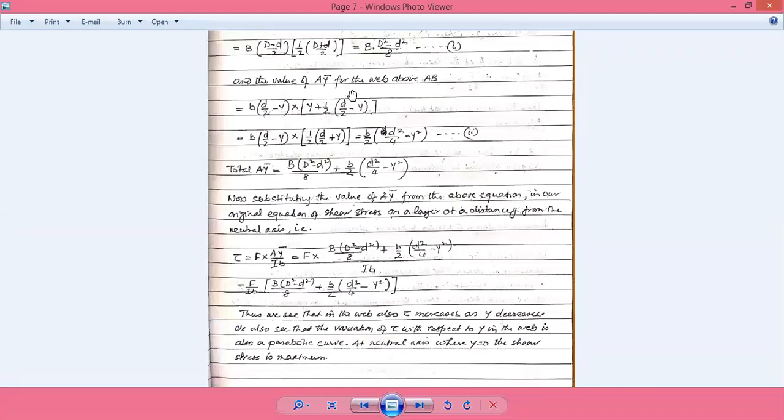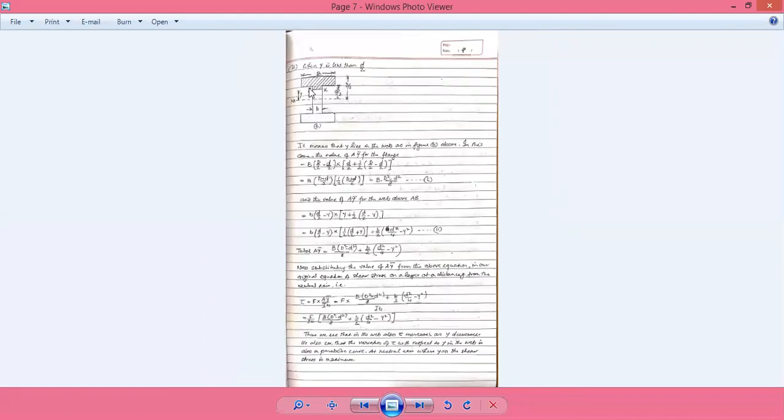The value of A into y bar for the web above AB is equal to b into d by 2 minus y, where b is the width of this web and d by 2 is half of the depth of this web. If we subtract the distance of JK from the neutral axis, which is equal to y, this becomes b into d by 2 minus y.